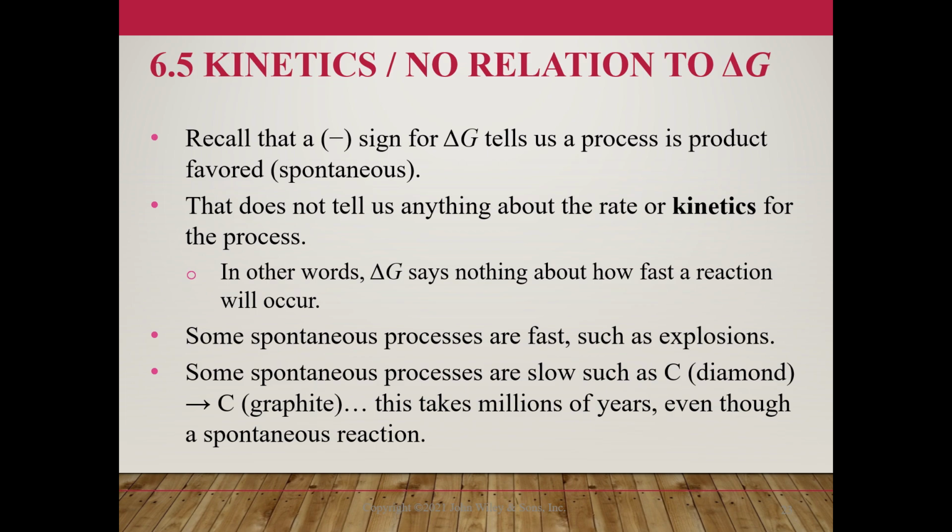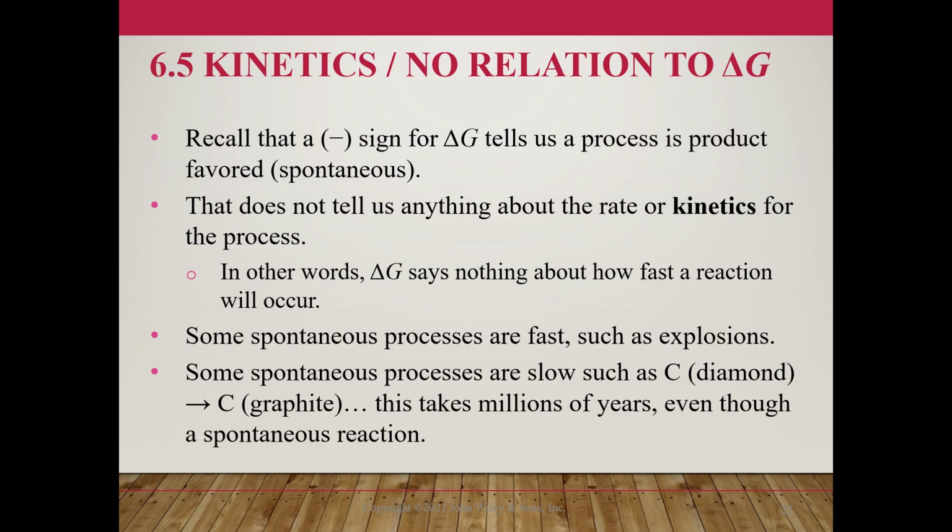Now again, the negative sign in front of delta G means that the process is product favored or spontaneous in that direction. This does not tell anything about the rate or the kinetics of the process. In other words, delta G says nothing about how fast a reaction will occur. Some spontaneous reactions are very fast, like what happens in explosions.